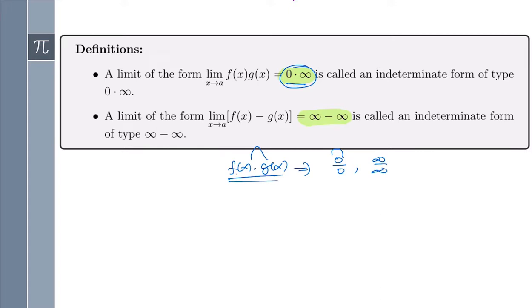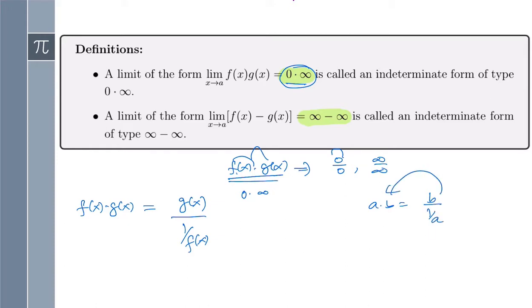For example, if this is f of x times g of x, and it is 0 times infinity, then we usually write it as g of x divided by 1 over f of x. This is the same as if we have a times b, then we can write that as b divided by 1 over a, okay?